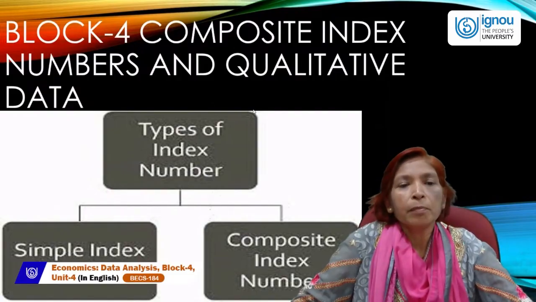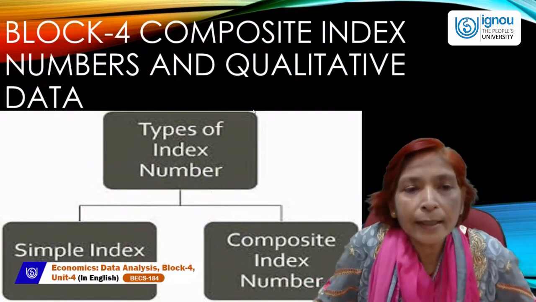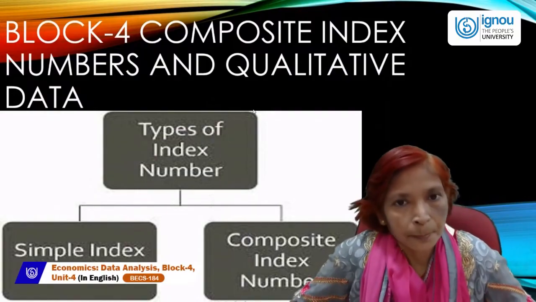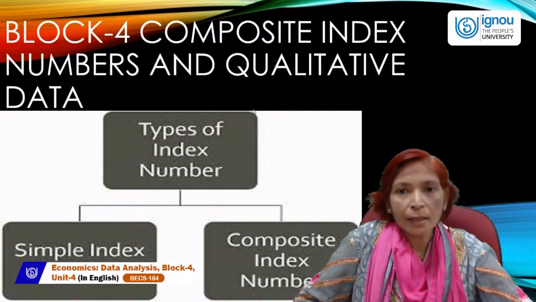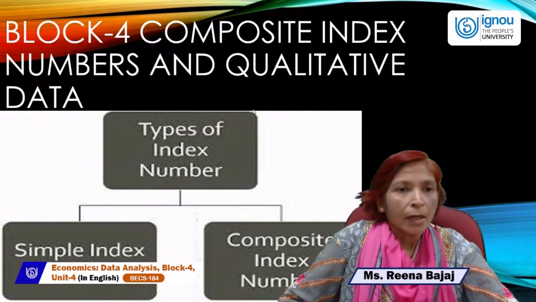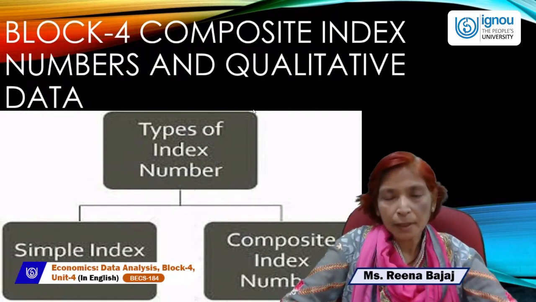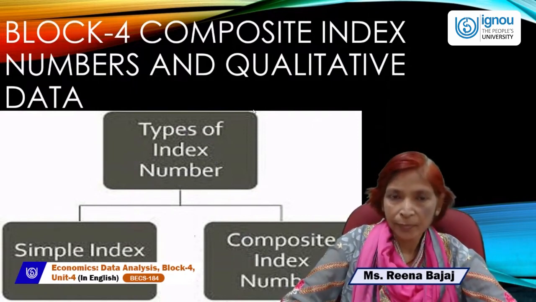Today we will do block 4, composite index numbers and qualitative data analysis. In the last session we have done quantitative data analysis. Now this is the last topic of this paper, data analysis.